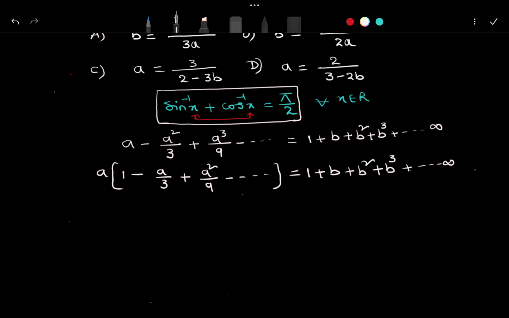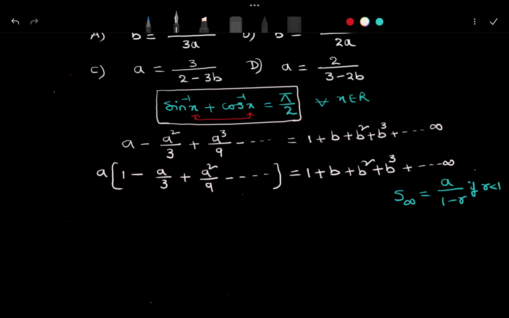We know the sum of infinite terms in a GP formula: S infinity is equal to a by 1 minus r, where r should be less than 1. What is meant by a? a is the first term, r is the common ratio.